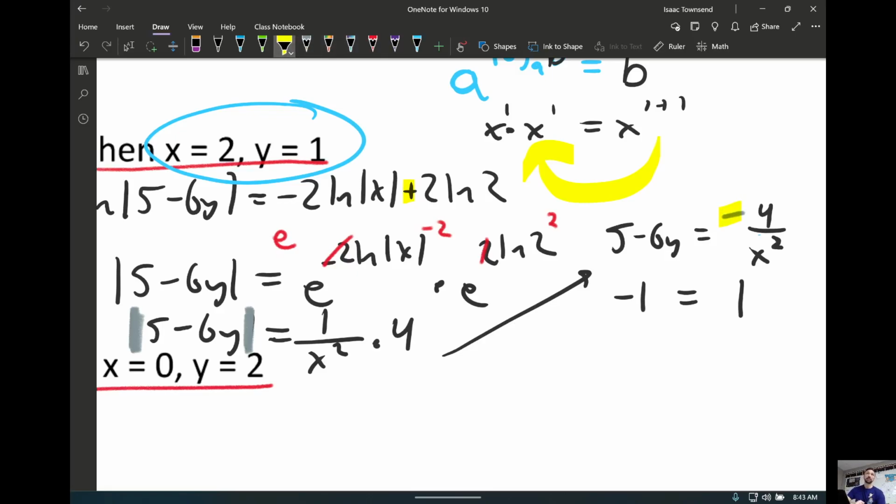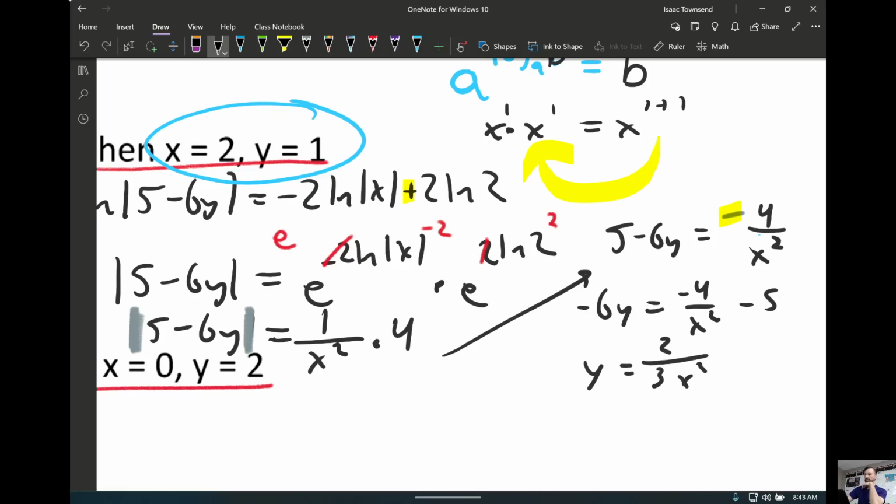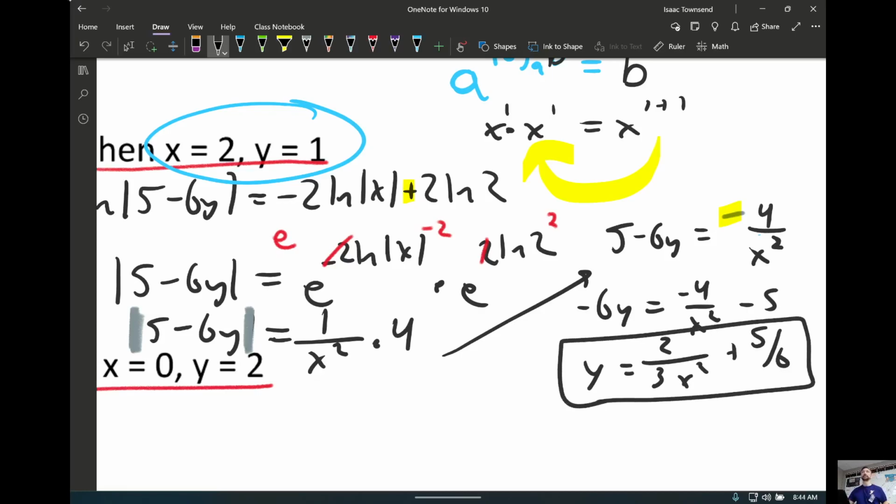I had to squeeze in that negative so that the left and the right side are equal. You have to do that check to know whether the other side is supposed to be positive or negative. Okay, and then we could just subtract the 5, and we could divide both sides by negative 6. Solving for y was the easy part.